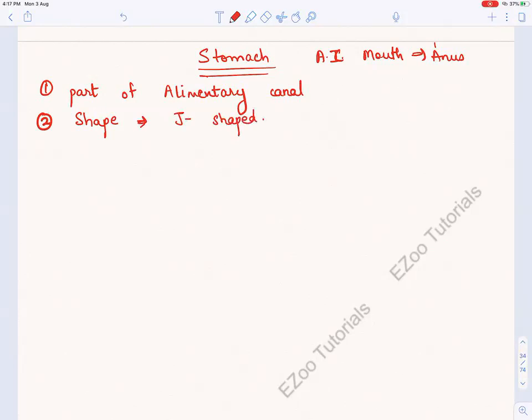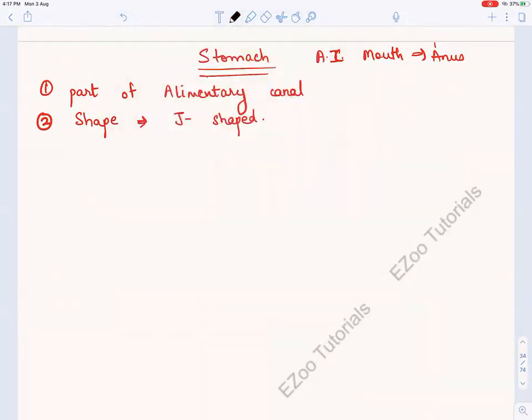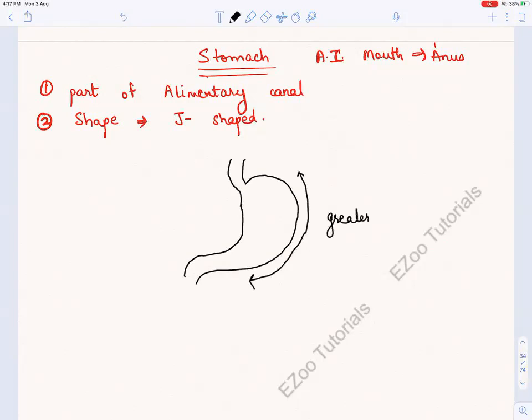Now I'll draw the stomach so that you get a better idea of this structure. This is the esophagus that is ending, and this is the stomach. It is J shaped, first point, and this is known as the greater curvature, and this side is known as the lesser curvature.